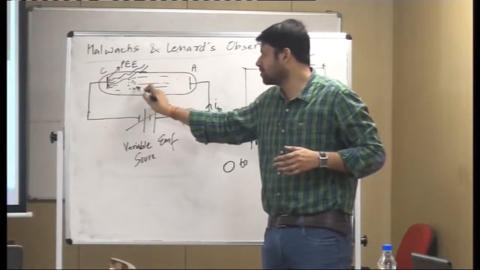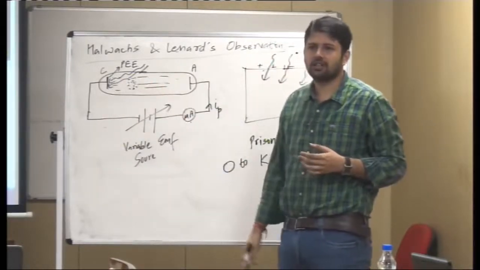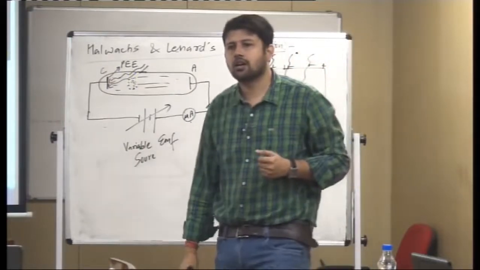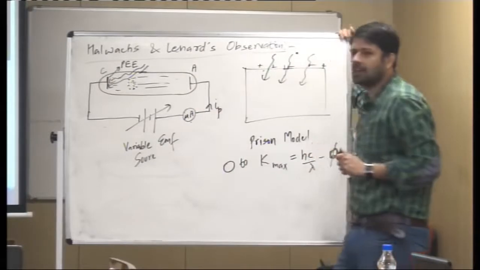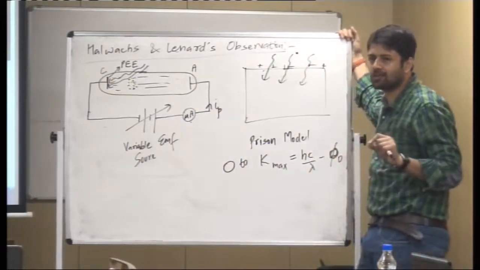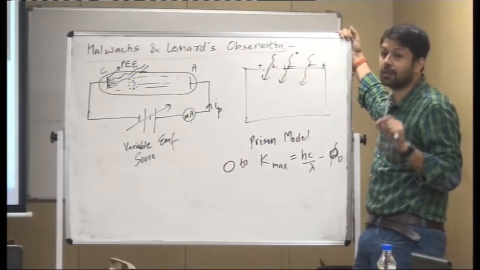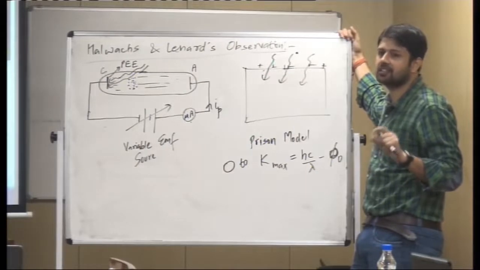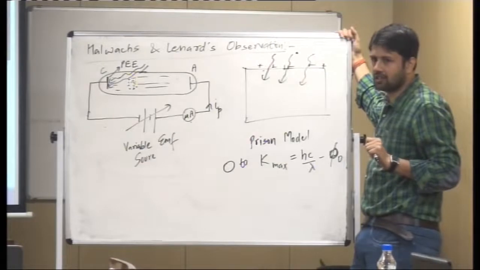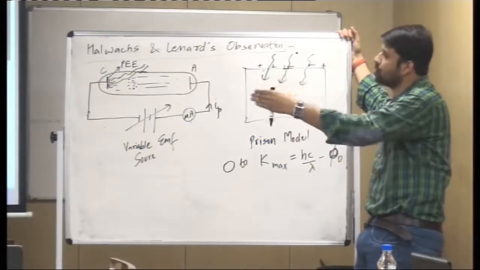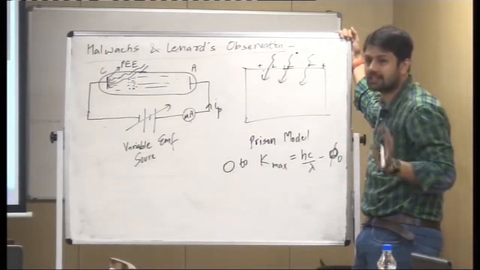Zero energy electrons would form a cluster somewhere here. It is a very small amount of positive charge, plus e, right? They move up to a point where there is no attraction.